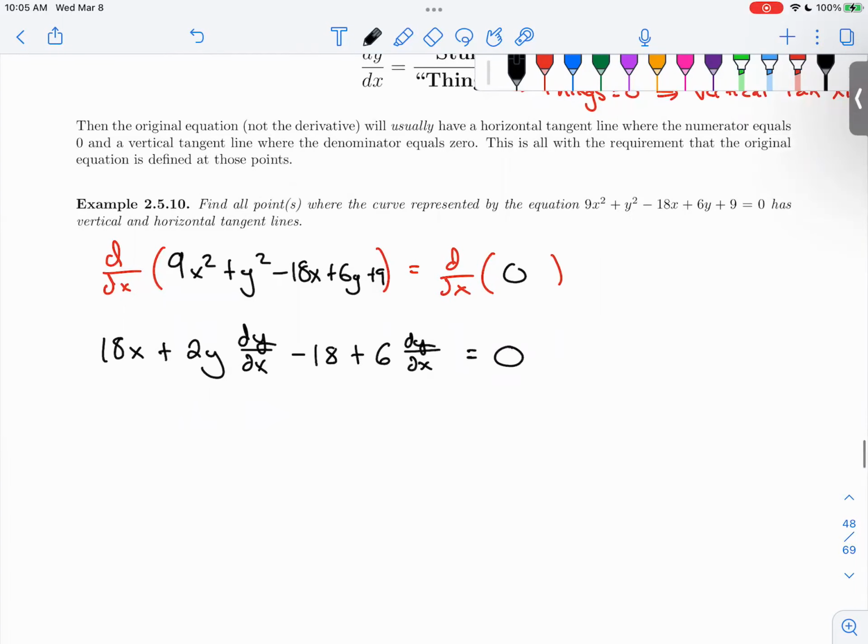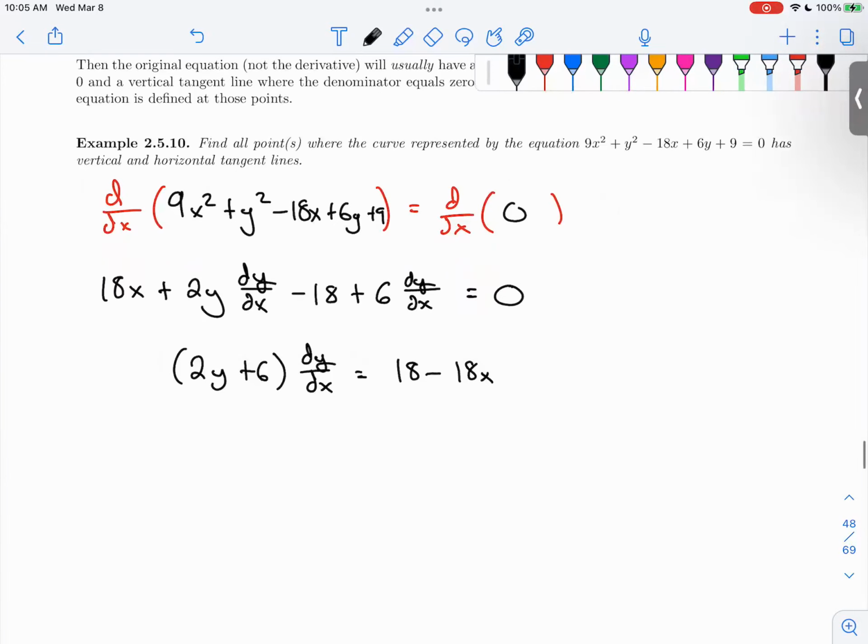So we get 2y plus 6 times dy dx equals 18 minus 18x. So that means dy dx is equal to 18 minus 18x divided by 2y plus 6.